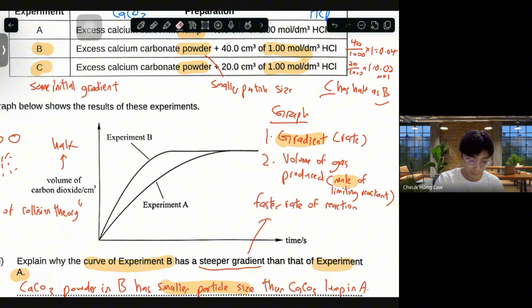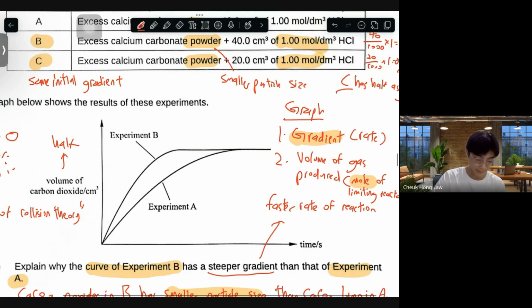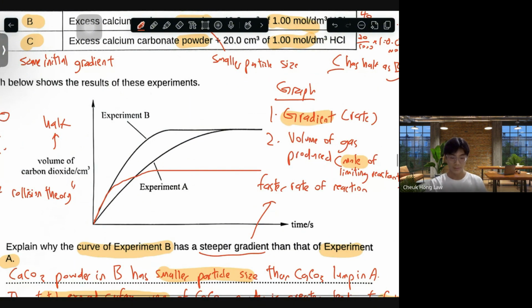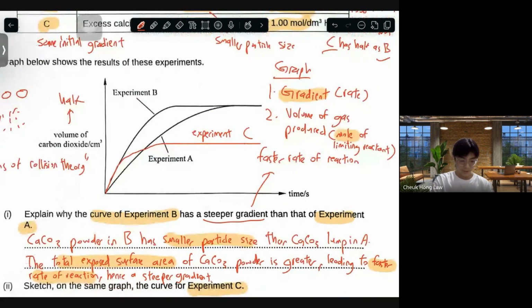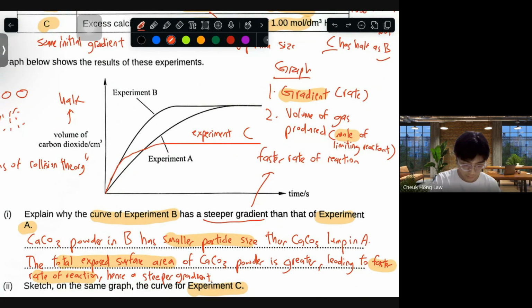So now we can draw our graph. My graph won't be the best because I'm drawing on the iPad, but you can use the curve ruler if you like. Draw until here. Draw halfway, then after that draw a straight line. Something like that. Then you label experiment C. Make sure the initial gradient is the same as B. Let me use a different color.